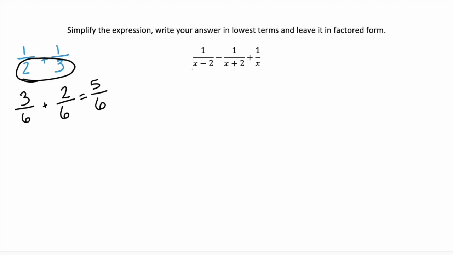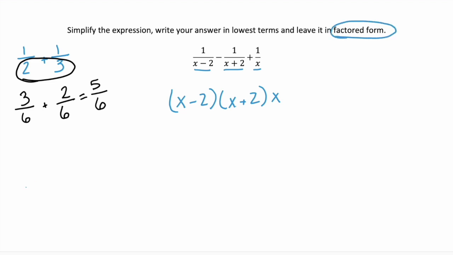That means our common denominator here, the quickest one we can find, is to multiply all 3 of the given denominators, which would be x minus 2 times x plus 2 times x. And I'm just going to leave it in that factored form for now, especially since our final answer needs to be in factored form.